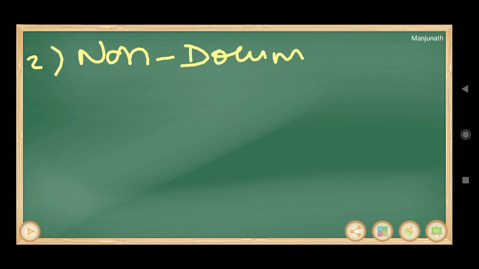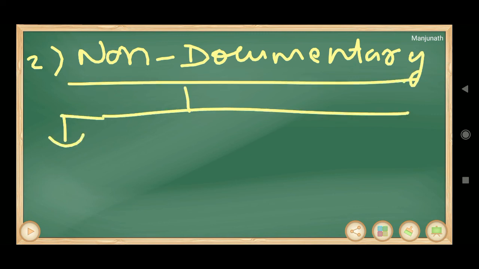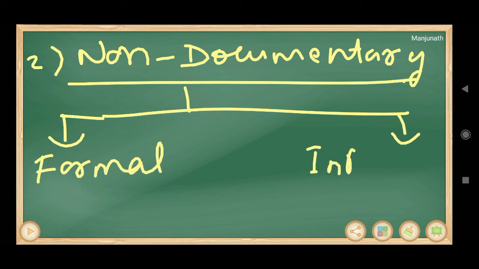In non-documentary sources, we have two categories. One is formal sources of information, and the second one is informal sources of information. So let's learn about what formal and informal sources of information are.